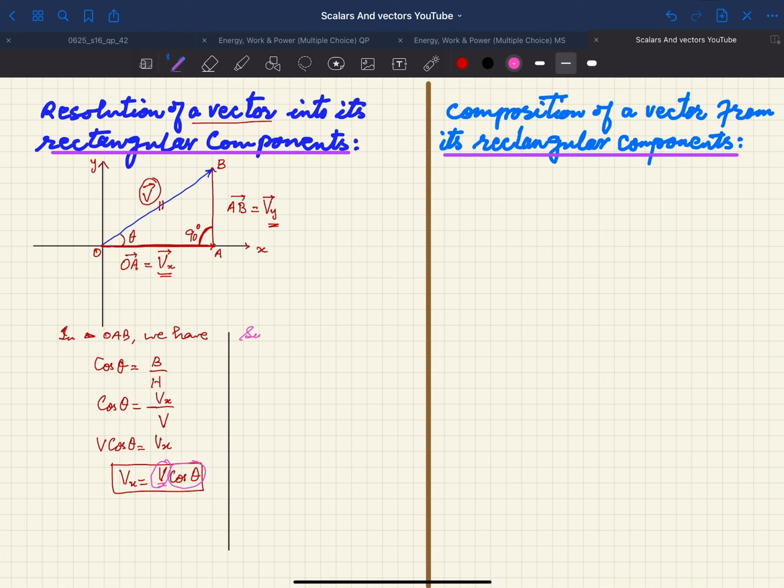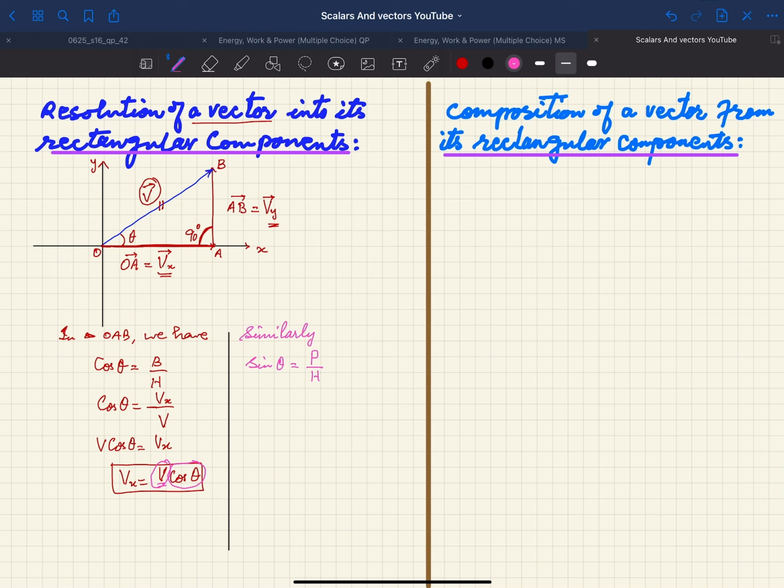Similarly, if you consider sine theta, what is the situation? Sine theta is given as perpendicular divided by hypotenuse. So the ratio of perpendicular and hypotenuse gives you the sine of theta.